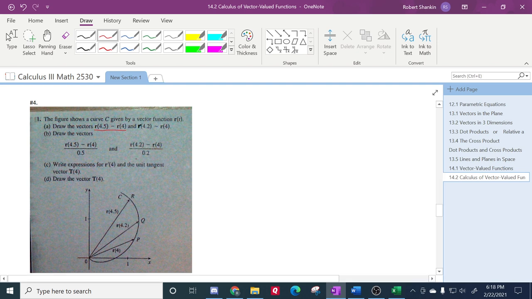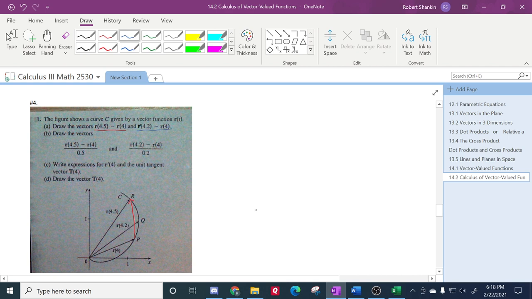Okay, to draw that vector, that's the destination minus the origin point. So we go from here to here. Start, destination. Okay, and then let me give you a moment.